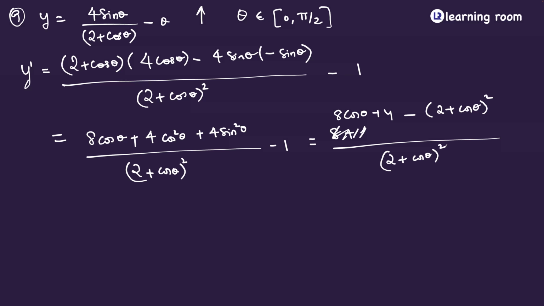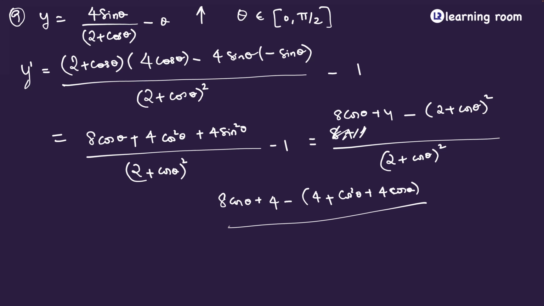So what will I get? 8 cos theta plus 4 minus of 4 plus cos square theta plus 4 cos theta. I hope it is clear. What gets cancelled? 4 and 4 are gone. So 8 cos theta minus 4 cos theta gives 4 cos theta.